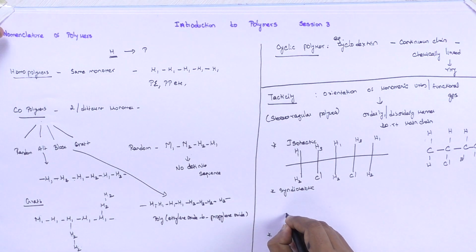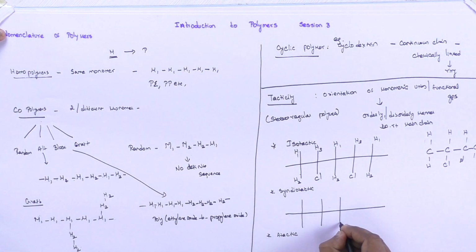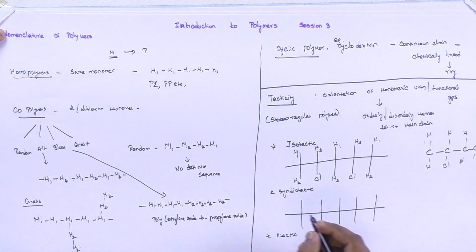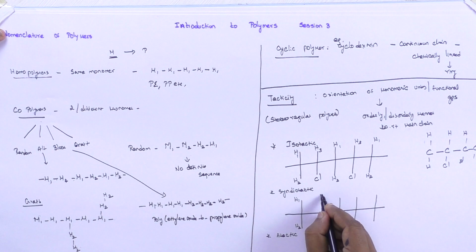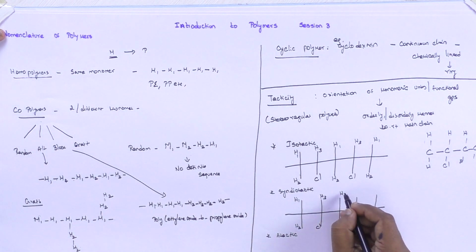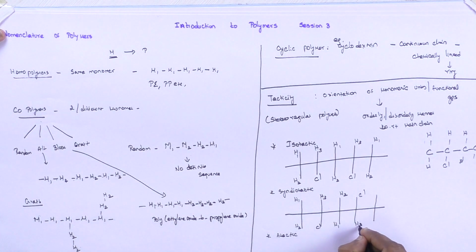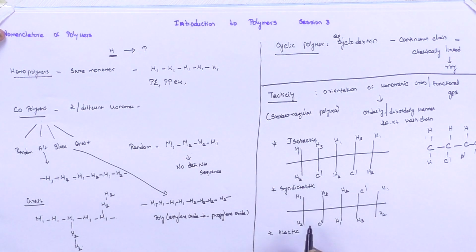Second comes the syndiotactic polymer, where the functional groups are arranged in a trans position: H1, H2. I am taking the same example, H3, Cl. So, what happens here again? H2 comes here, H1, Cl, H3, and again comes H1, H2. So, if it is arranged in this type of position, you can see Cl, Cl in alternating positions, it is called a syndiotactic polymer.